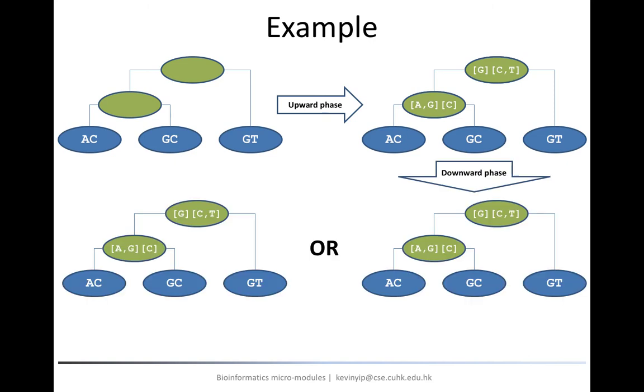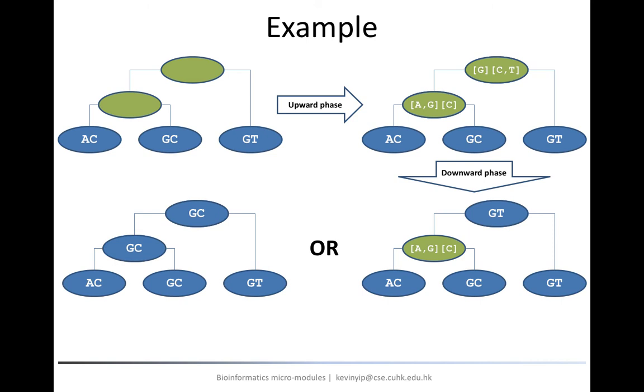Then in the downward phase, the root has to pick G for the first site and C or T for the second site, which forms 2 separate sets of solutions. If the root picks C for the second site for its left child, the first site must be G since it has 2 votes, and the second site must be C since it has 3 votes.